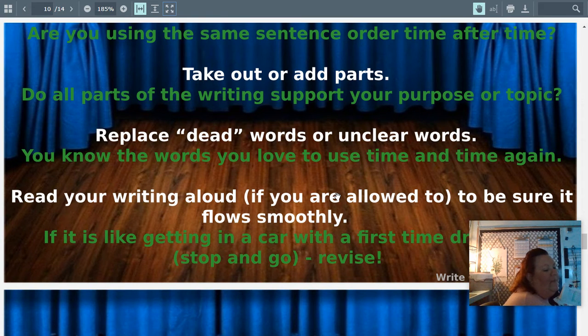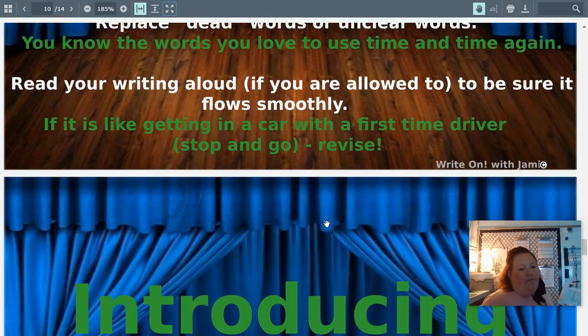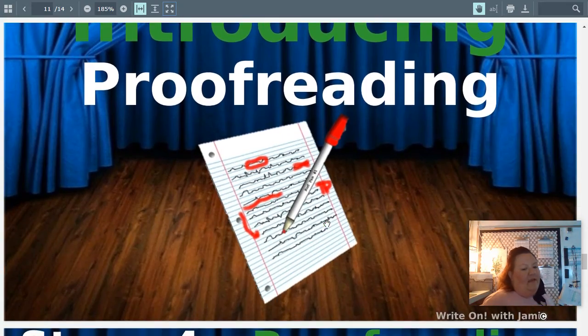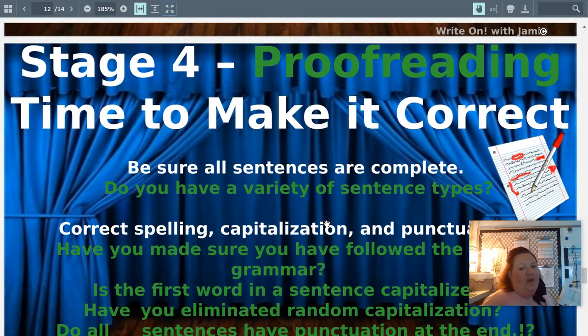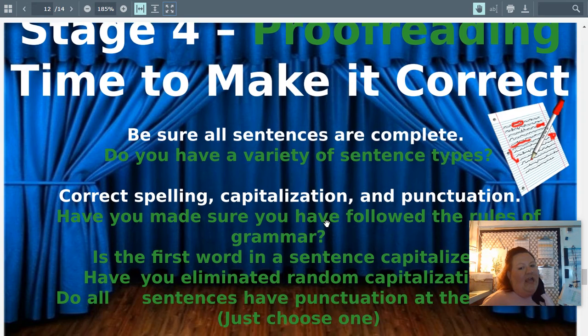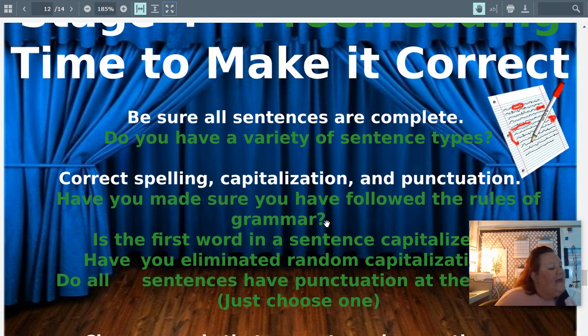All right? Proofreading. Stage 4, proofreading. Time to make it correct. Okay, what is it time to do in proofreading? Number 29, make it correct.